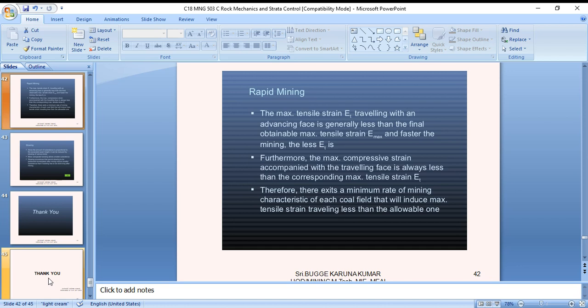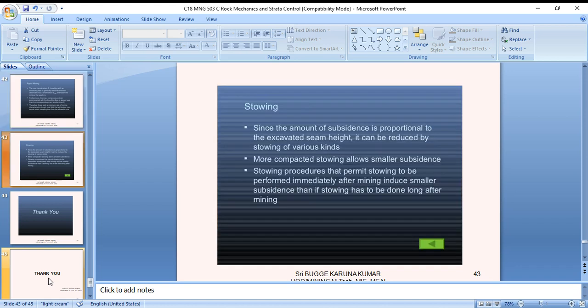Therefore, there exists a minimum rate of mining for each coal field at which the induced maximum tensile strain during travel is less than the allowable value. So the speed of the activities also impacts strain in the surface. It is a very good method.